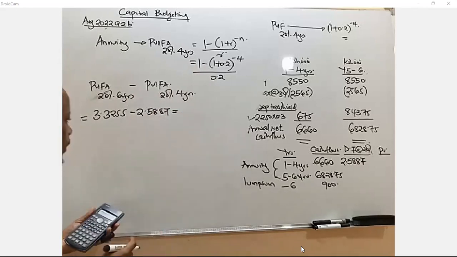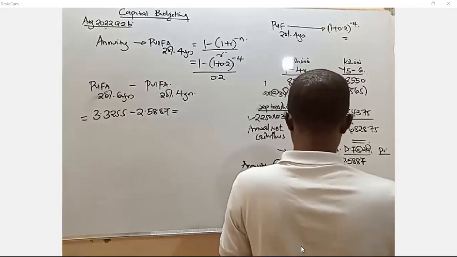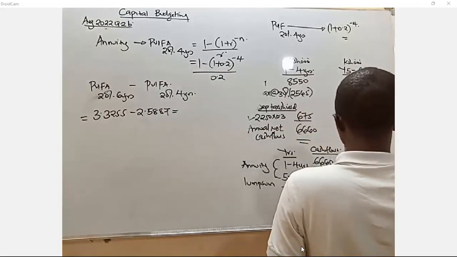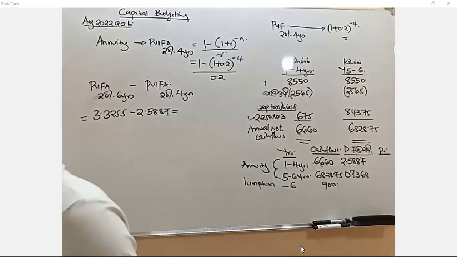So how much am I getting there? The difference is 3.3255 minus 2.5887, getting 0.7368.